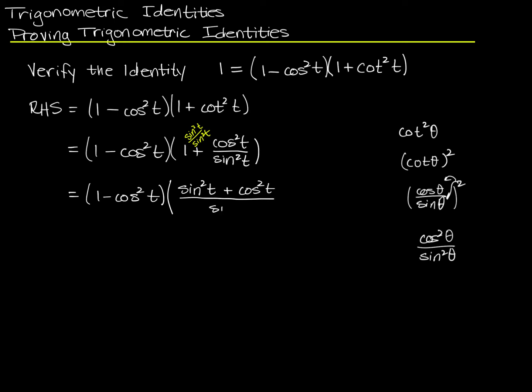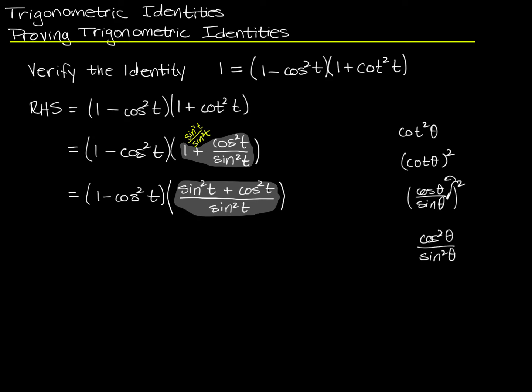Therefore, they have a common denominator of sine squared. So I've taken this expression and in the next line rewritten it as this expression. That's the whole point. One line at a time, taking one thing and changing it into something else.